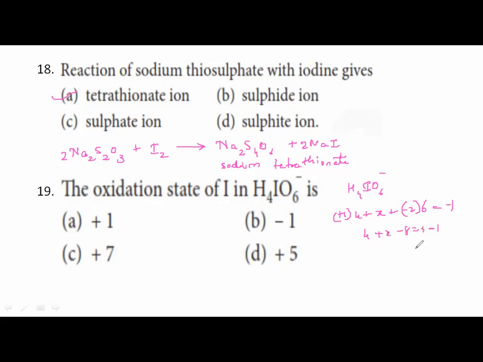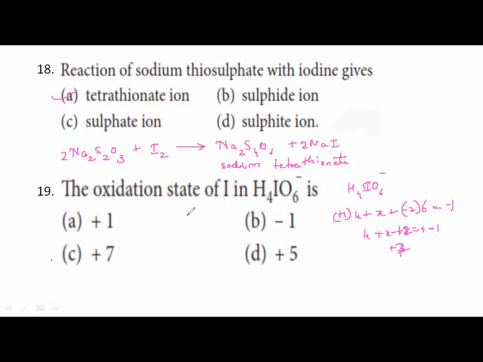So minus 4 goes here plus 4. 4 minus 1 is 3. So we will expect the answer to be 3. Yes. Since the oxidation state of hydrogen is plus 1, oxygen is minus 2. So 6 2s are 12, minus 12. So minus 12 plus 4 is how much? Minus 8. Minus 8 becomes here plus 8. So it is 7. What is the oxidation state?